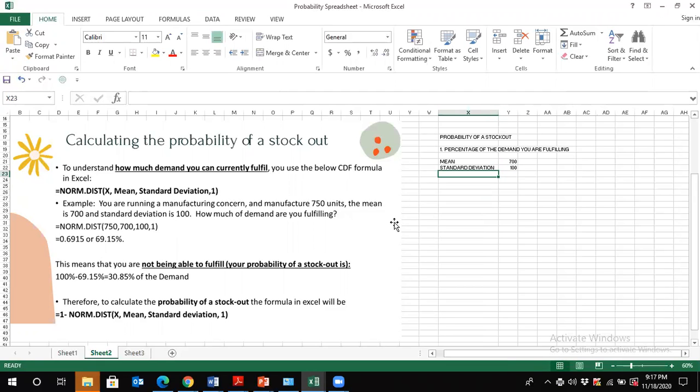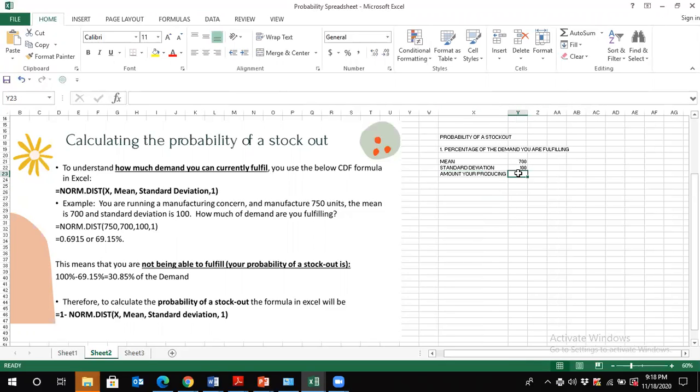And you will also be given the amount you're producing. In this example, that value is 750.